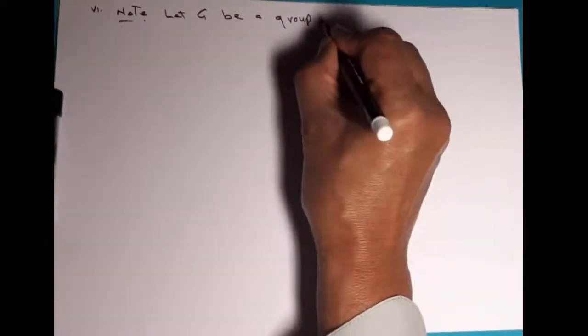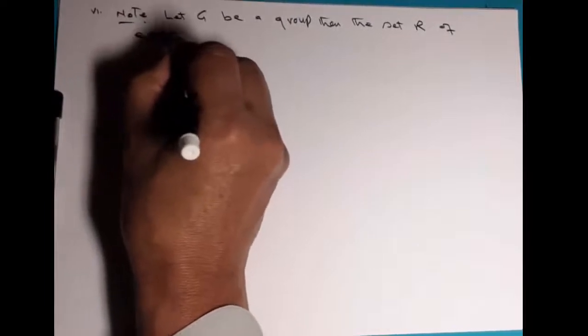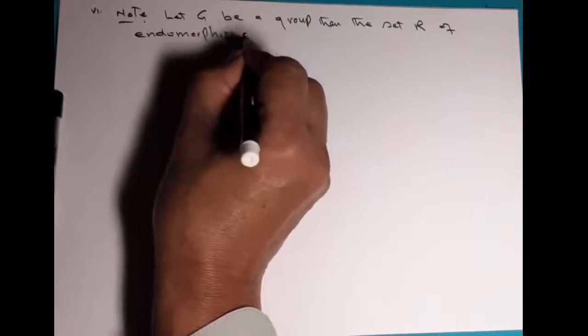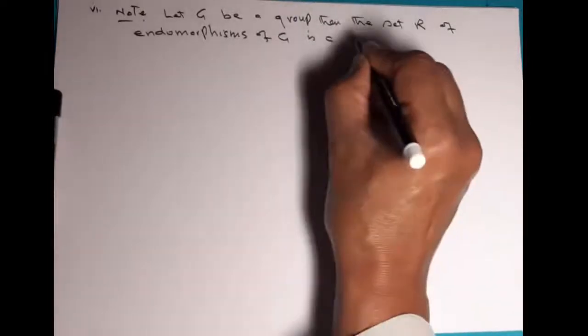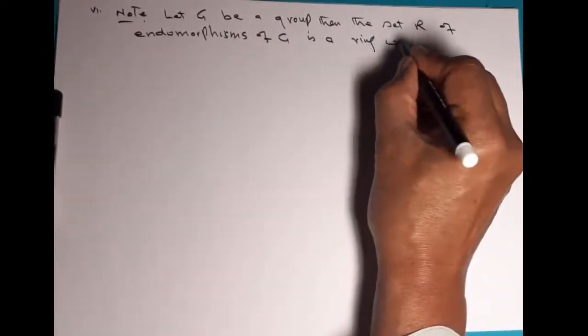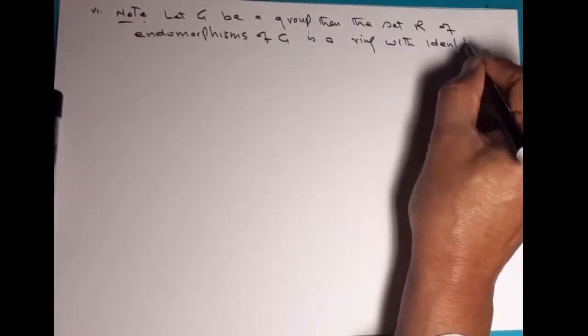Then the set, let's call it R, the set R of endomorphisms of G is a ring with identity.